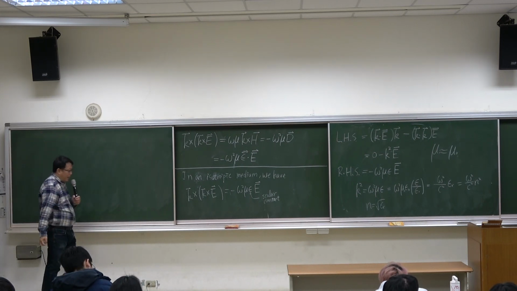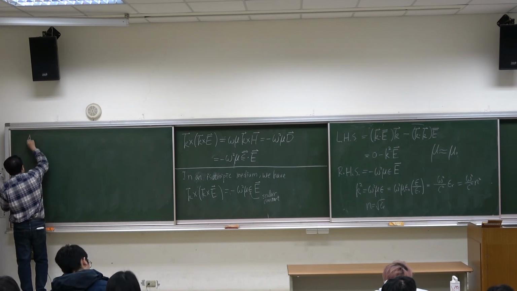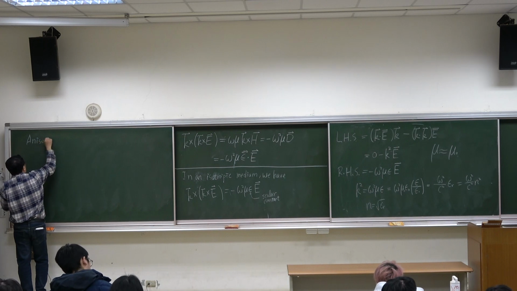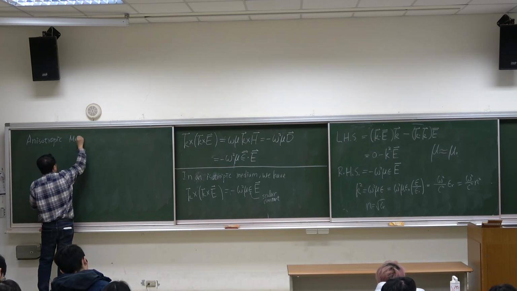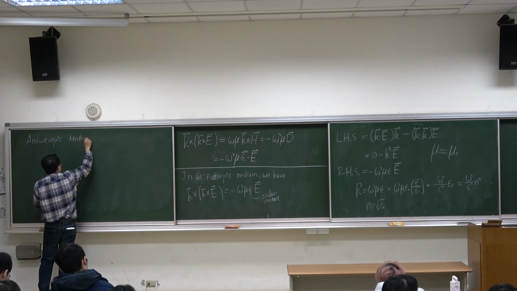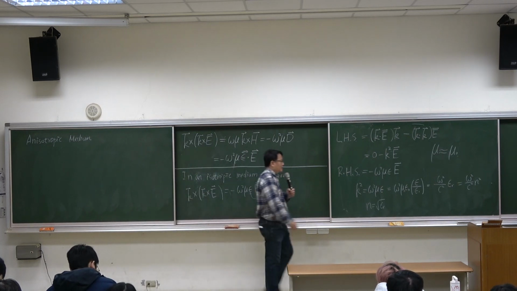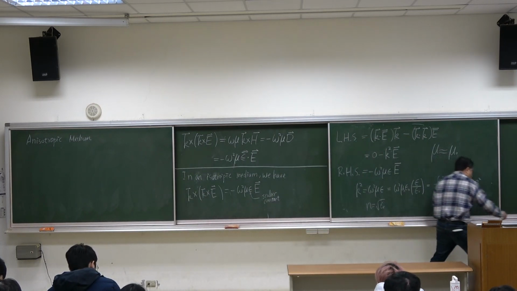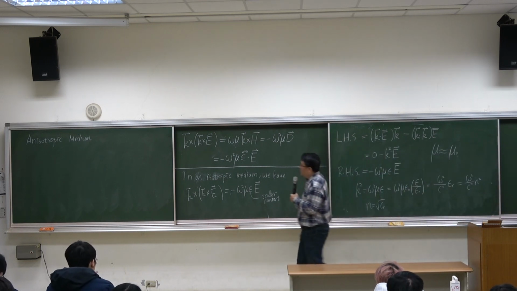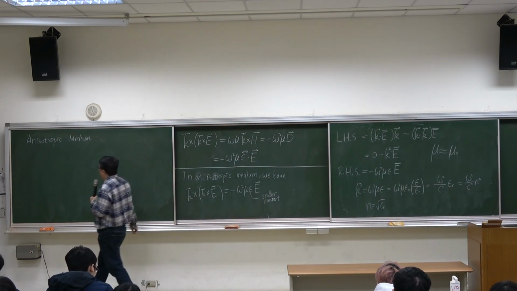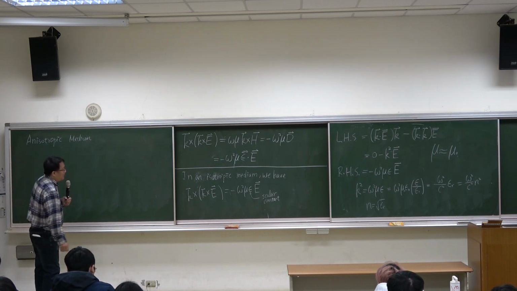So now we turn back to the anisotropic medium and study the dispersion relation between K and omega.